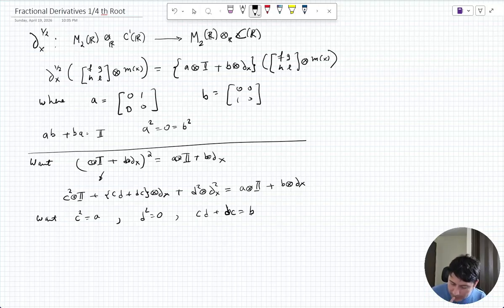That's one way to do it, but it's rather complicated. So instead, what we're going to do is the following.